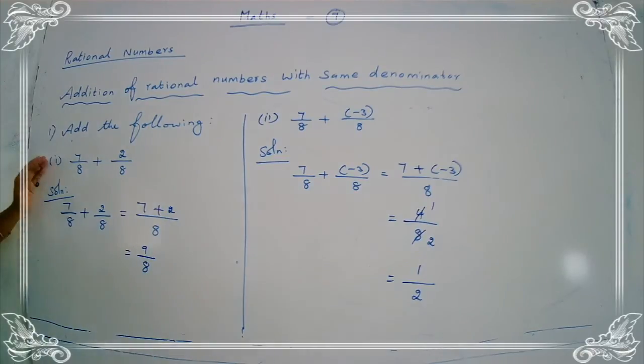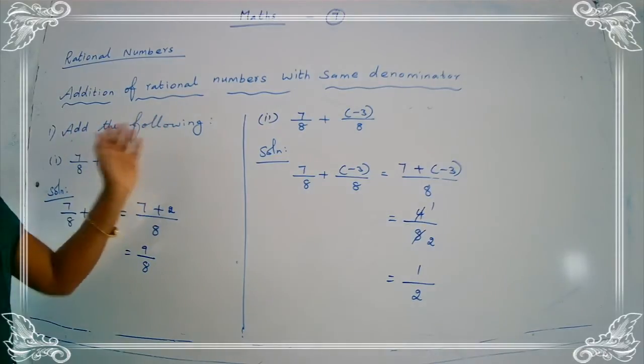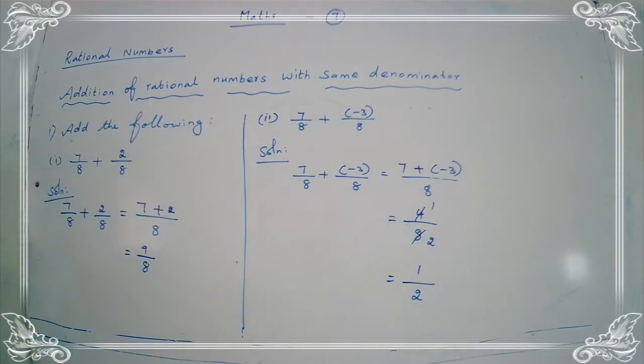Second question. You first finish the first question, after that write the second question. Okay, children? Write one by one. Don't write on the right hand side. Okay? You write one by one.